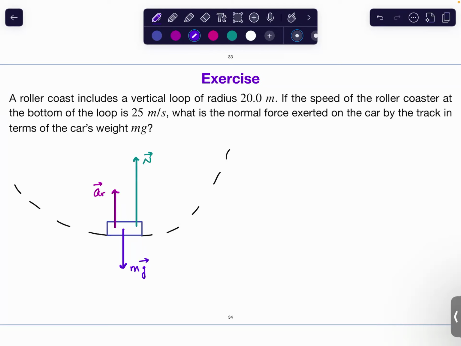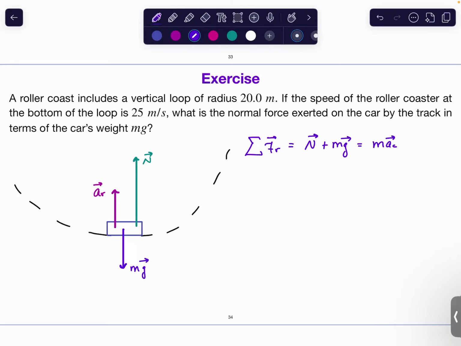So as per usual, radial forces. That's going to be a normal force. mg equals ma_c or a_r, centripetal, radial, remember they're the same thing. Centripetal is radial towards the center of the circle.